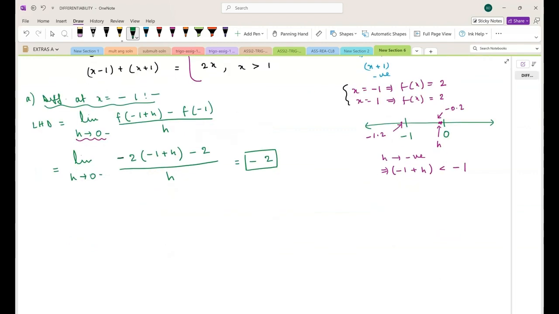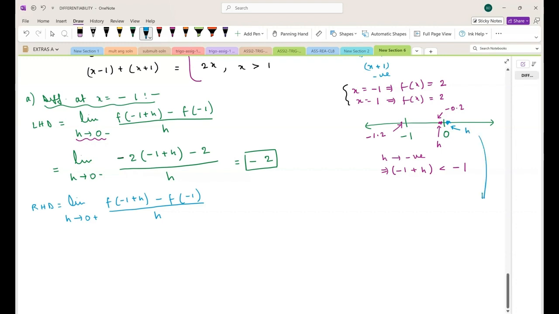Now let us calculate the right-hand derivative. Again, write the formula. Limit h approaches 0 from the right, f of minus 1 plus h, no change here, minus f of minus 1, by h. Now what is happening? h is approaching 0 from the right, so where is my h? Here is my h.